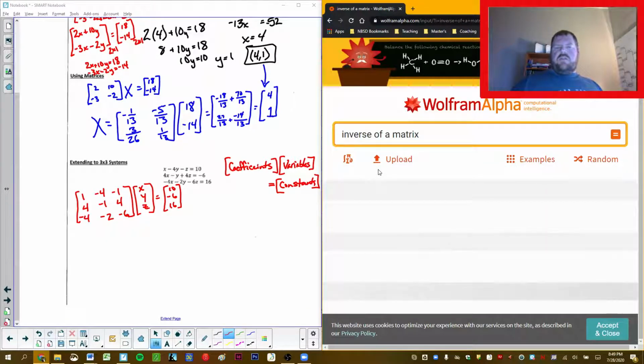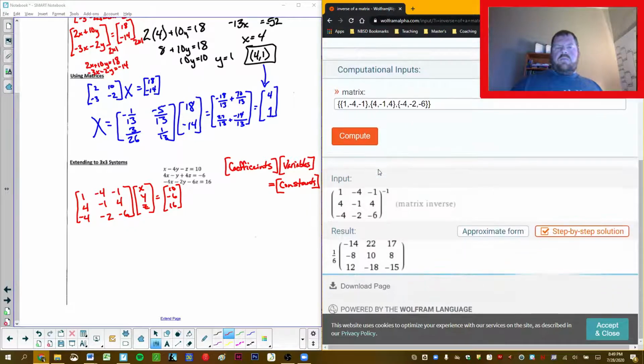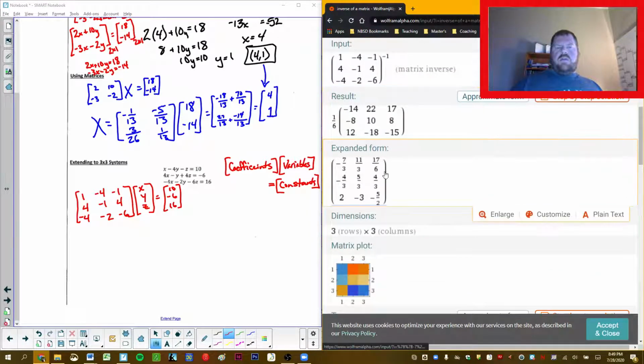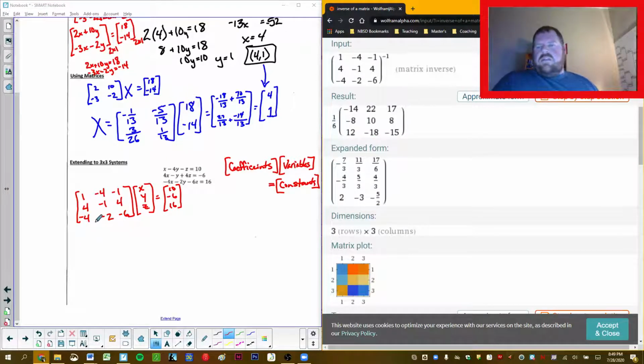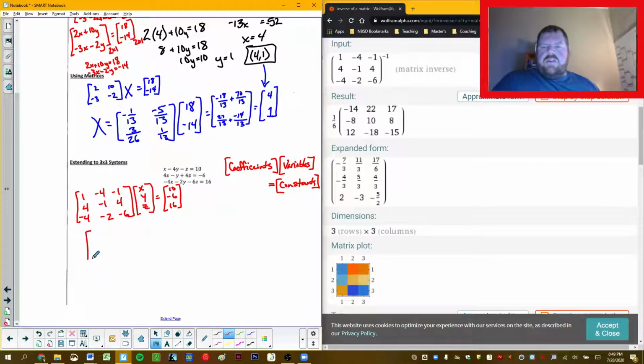Find my inverse. There it is. It's an ugly 3 by 3 matrix, but it's just a 3 by 3 matrix.